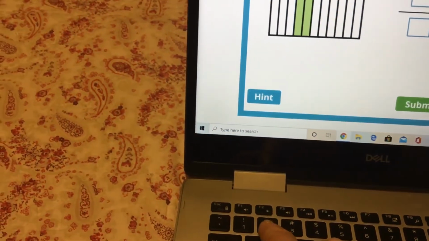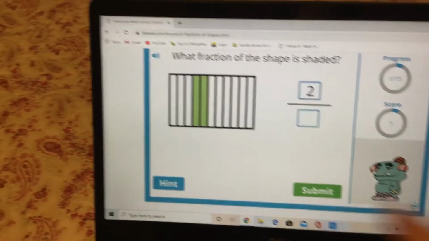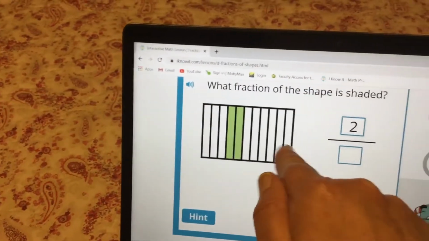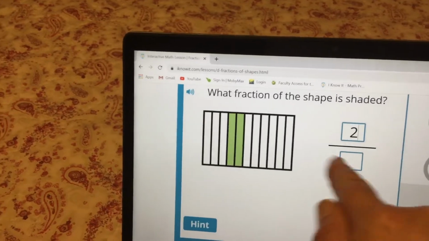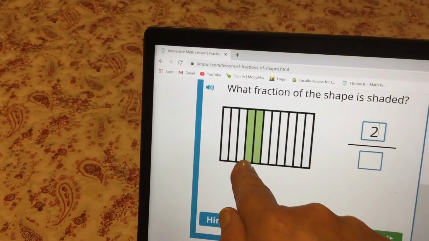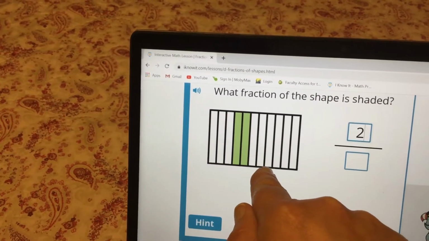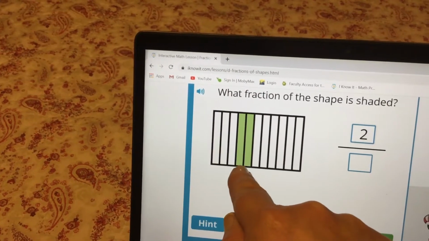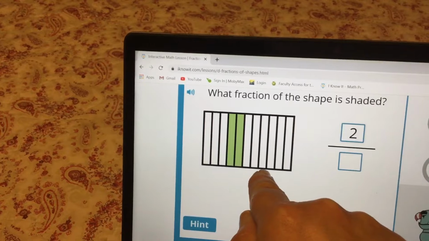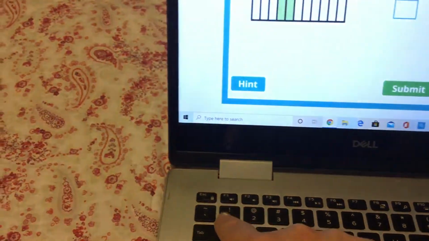Remember, I'm trying to film and do this at the same time. And then the segments, equal portions, mind you, is what's going to be our denominator. So I'm going to count them. 1, 2, 3, 4, 5, 6, 7, 8, 9, 10, 11. I always like how they have that odd number.